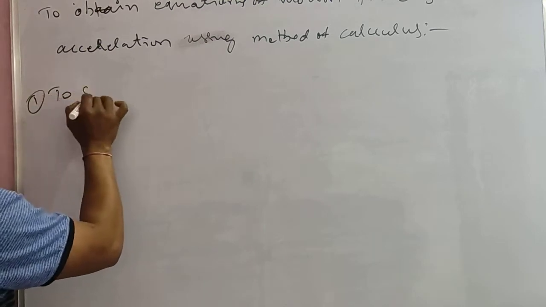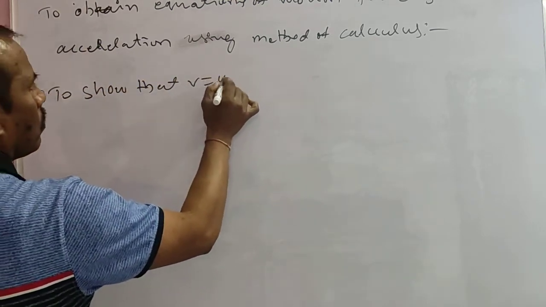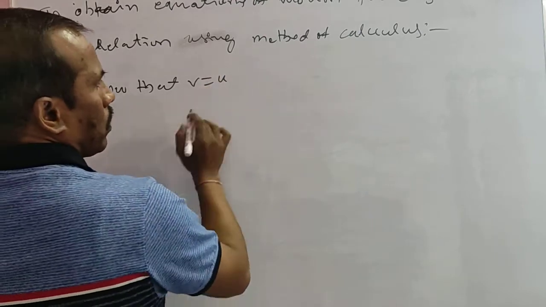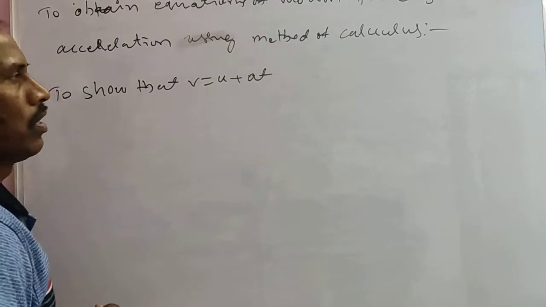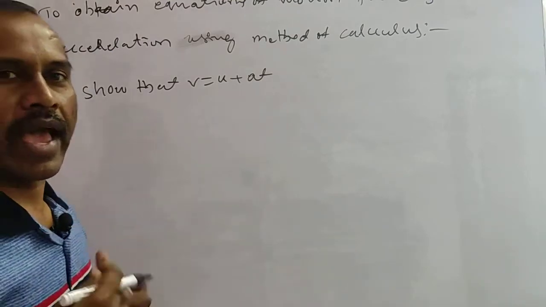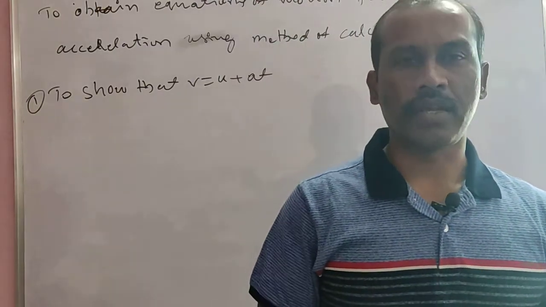First equation, show that v is equal to u plus at. Now, the acceleration statement: the rate of change of velocity is called acceleration.